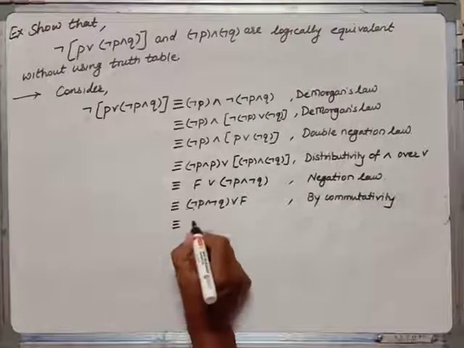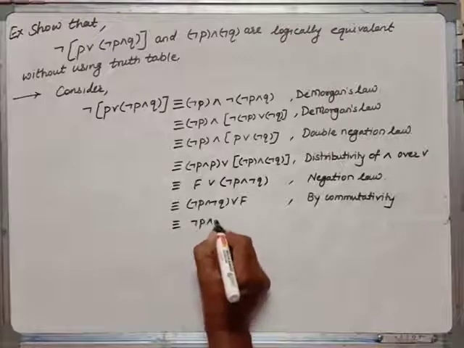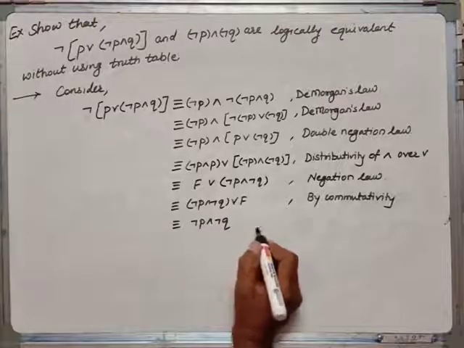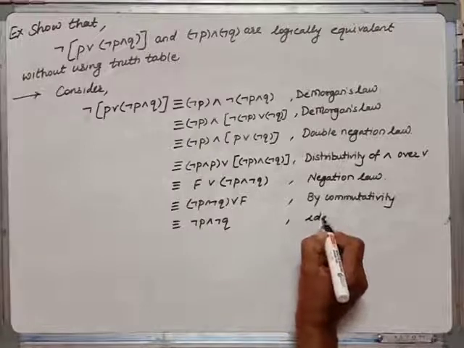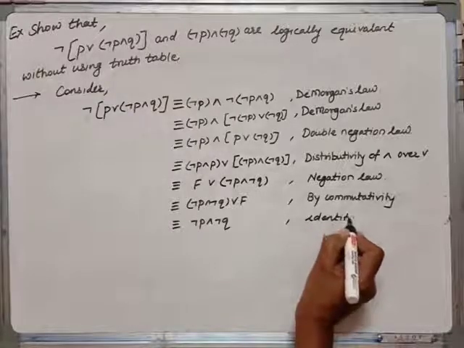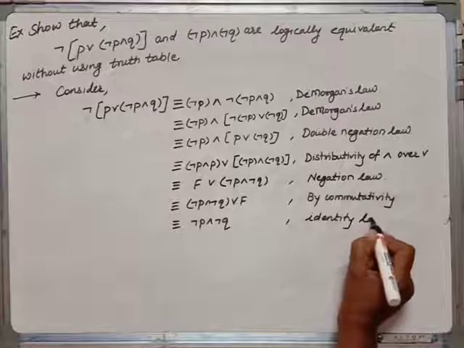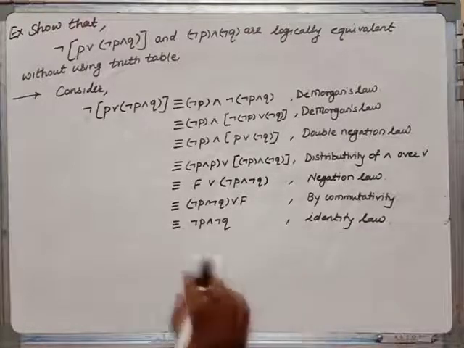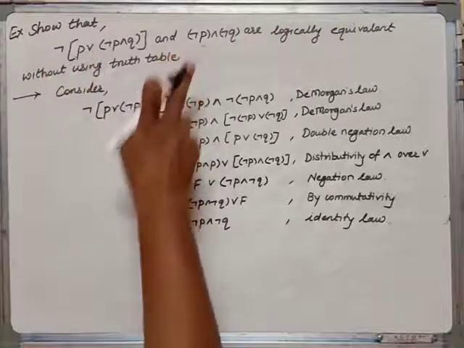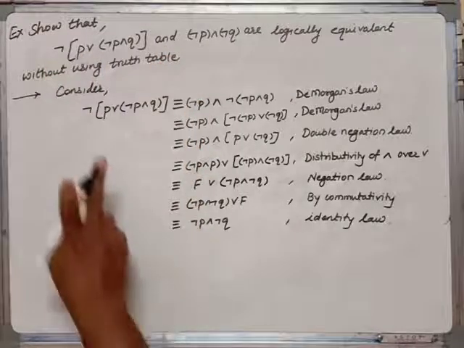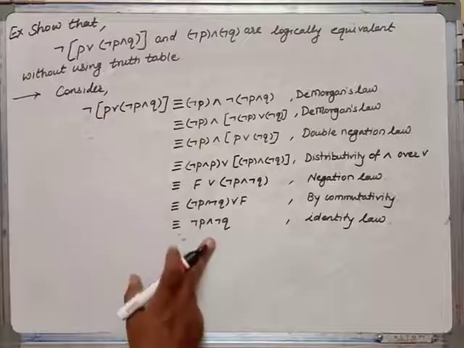This is equivalent to negation P and negation Q, by identity law. Now look at it. We had considered one of them and this is nothing but our other. So these two are logically equivalent.